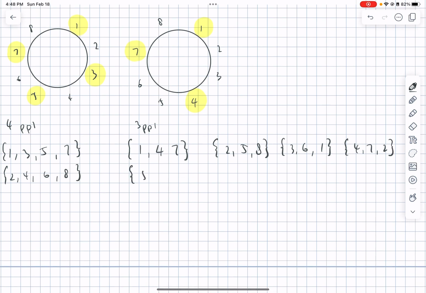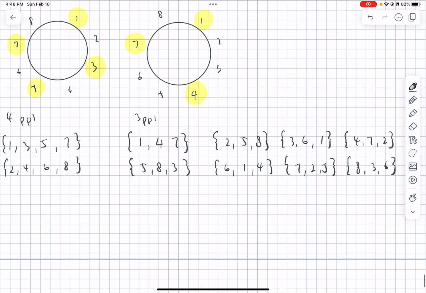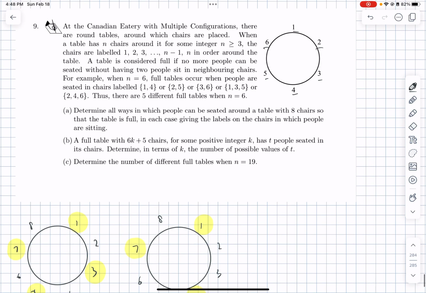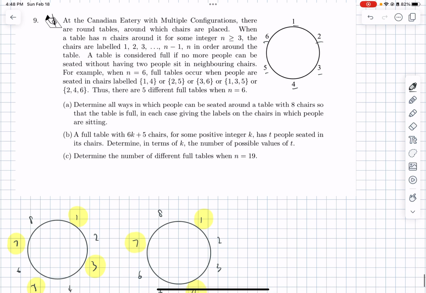After 4, 7, 2, it'll be 5, 8, 3, 6, 1, 4, 7, 2, 5. Each time just increasing every seat by 1, so we rotate clockwise. So 8, 3, 6. So these are all the possible configurations for which an 8-seated table would be full. So this is for part A.